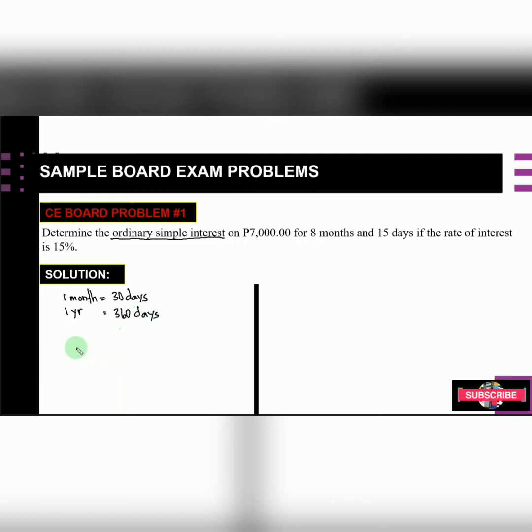This is for ordinary simple interest, and your formula for this is n equals small d, which is in day or days, over 360, in which each unit is already in years.